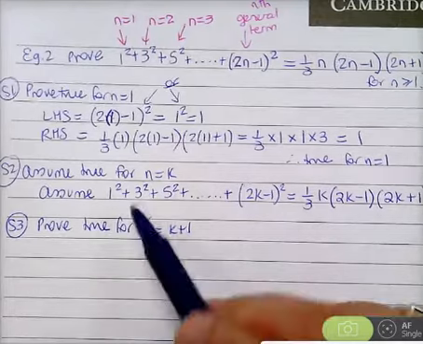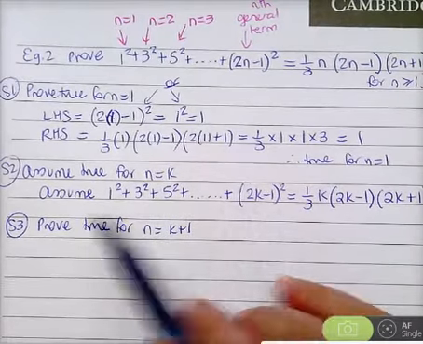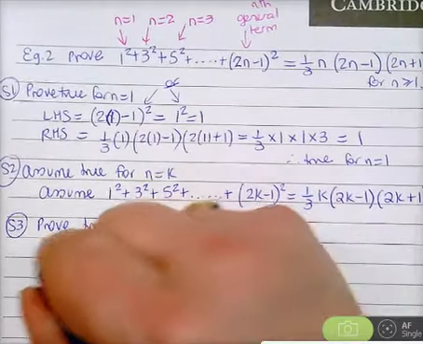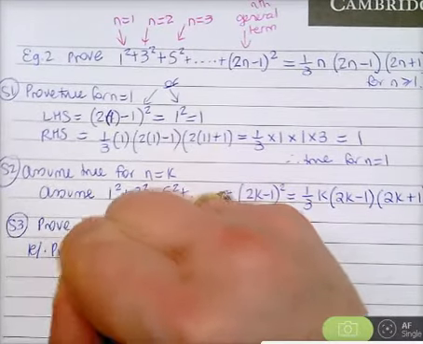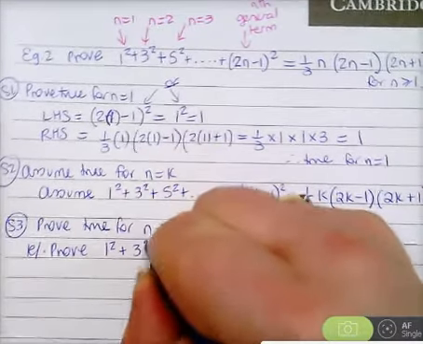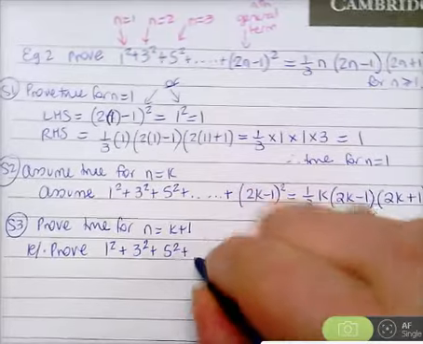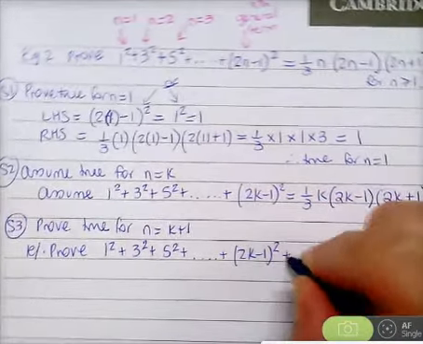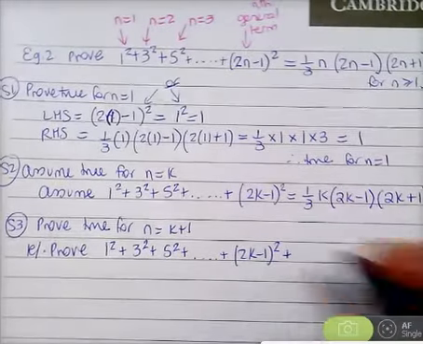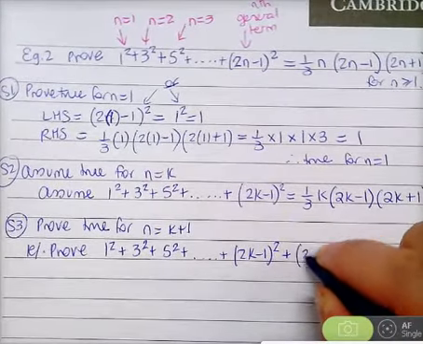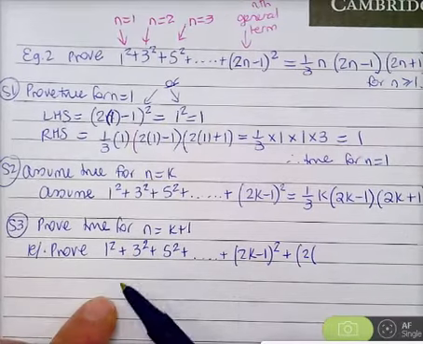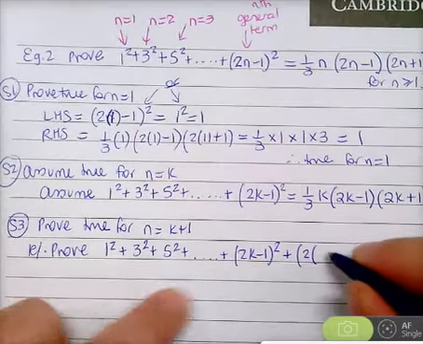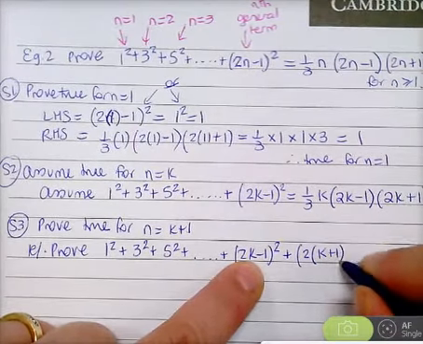See, these are a sum of many terms. So we're trying to prove that 1 squared plus 3 squared plus 5 squared plus, now so far I've only got k terms, and now I'm going to add my k plus 1th term, which is 2 bracket k plus 1 minus 1 squared.